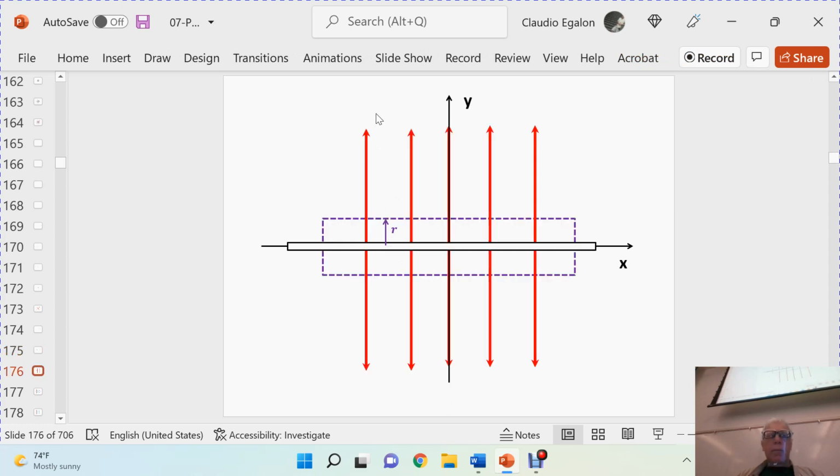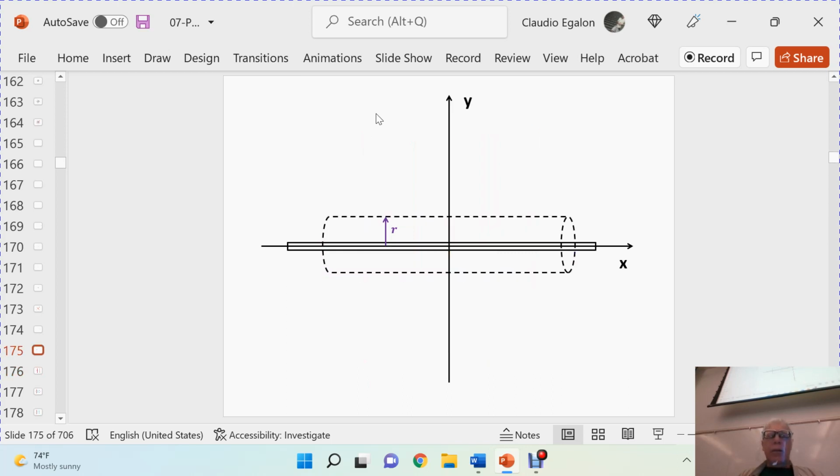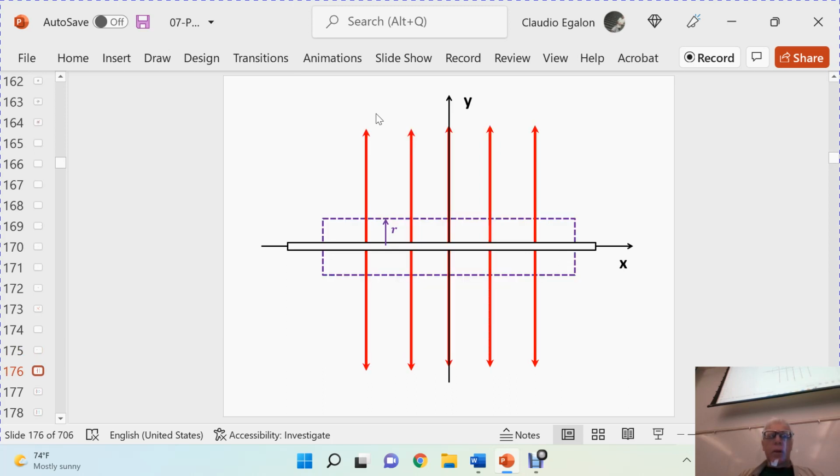Here are the electric field lines going out of the rod. Those electric field lines have cylindrical symmetry.